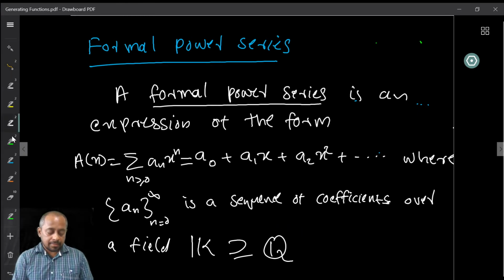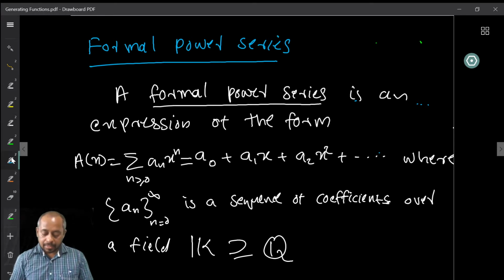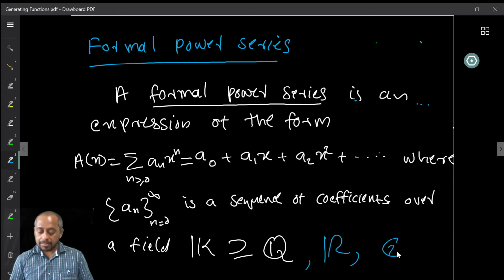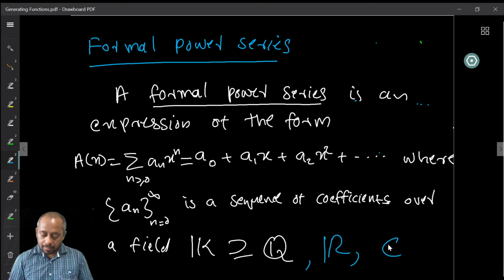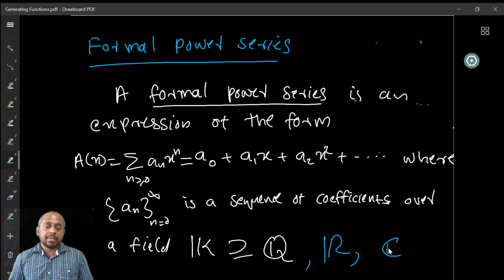In this case, we are going to look at only three possible candidates first, which are Q, then the reals, and the complex numbers. So we will work with these three, and without really mentioning it, we will assume most of the time it is going to be R, unless we want to use C, in which case we will make it explicit, or Q. But this is our assumption. So this is a formal power series. And let us look at a couple of examples.